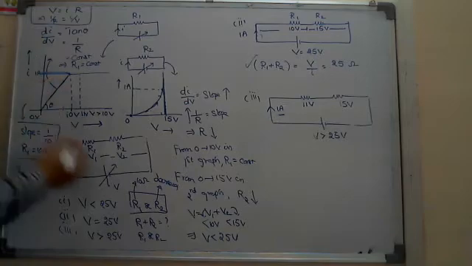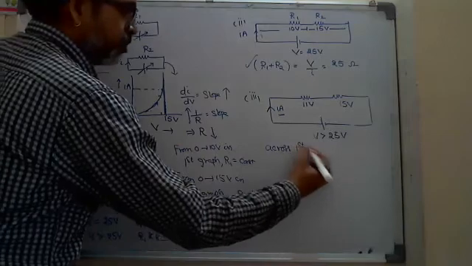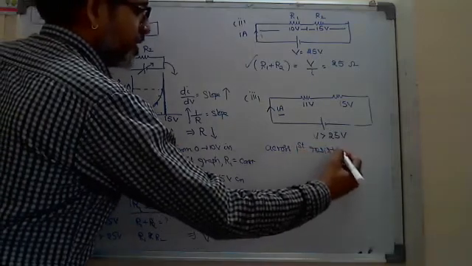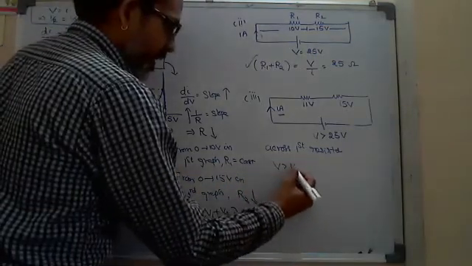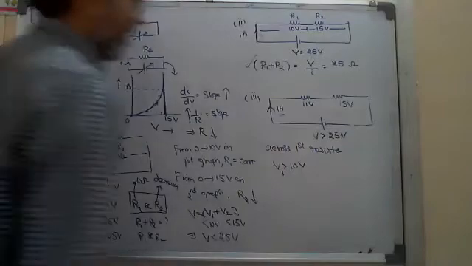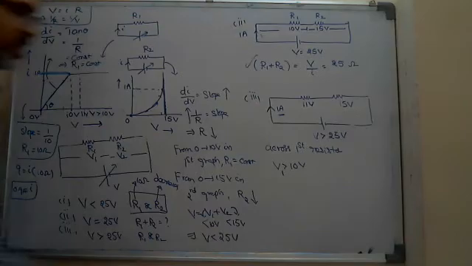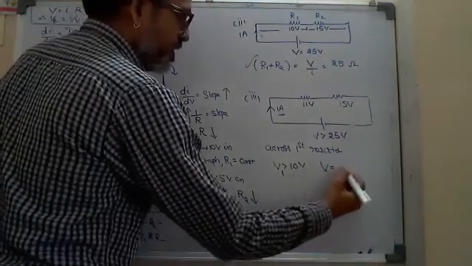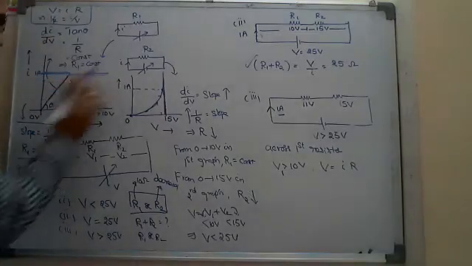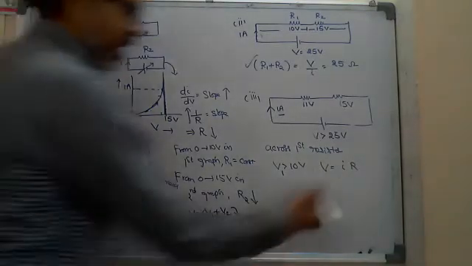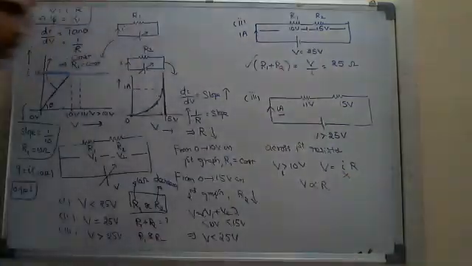According to Ohm's law, across the first resistor, when V1 is greater than 10 volts, say 11 volts, the current remains constant. According to V equals IR, I should be constant even though the voltage is increased. I is constant means V is directly proportional to R.